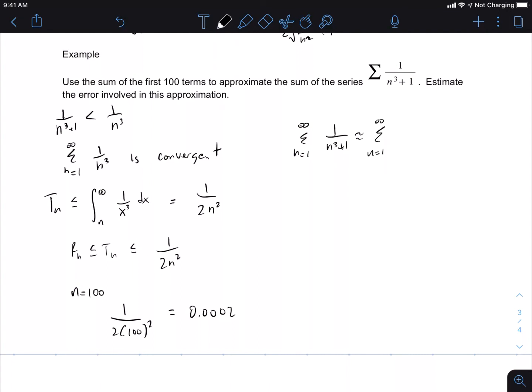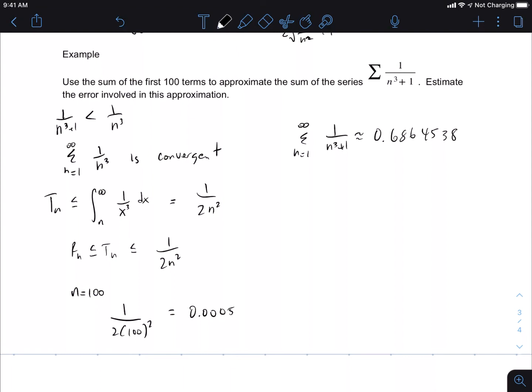So this approximate value is going to be 0.686538, and we're going to have an error. This should be a 5, not a 2.